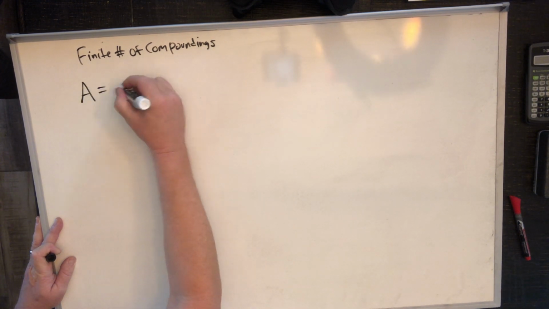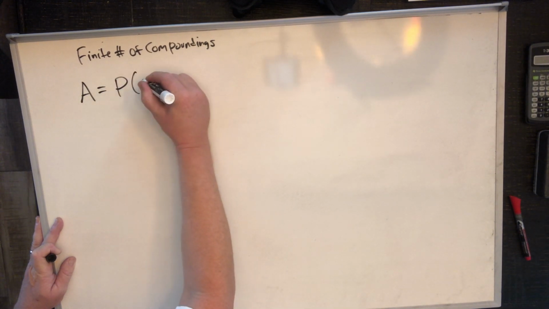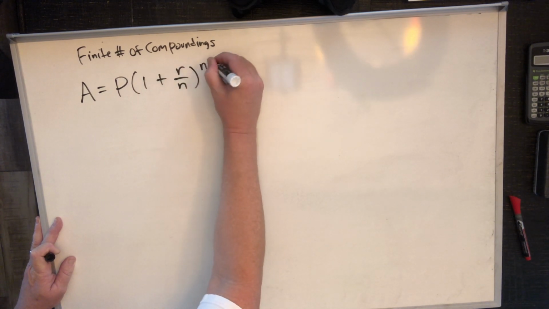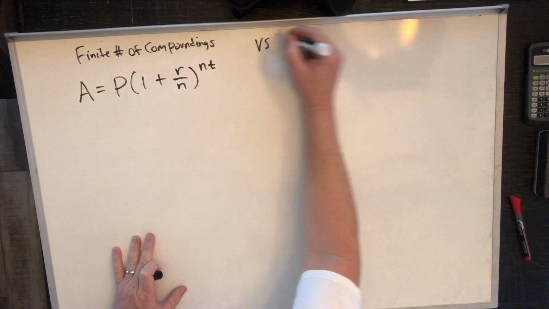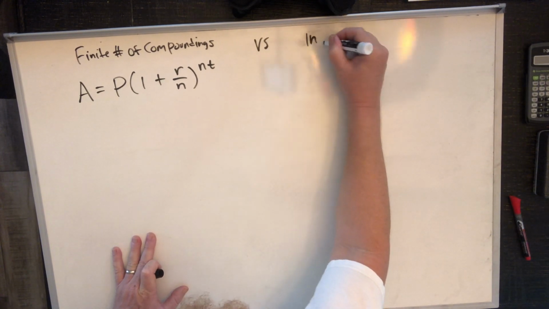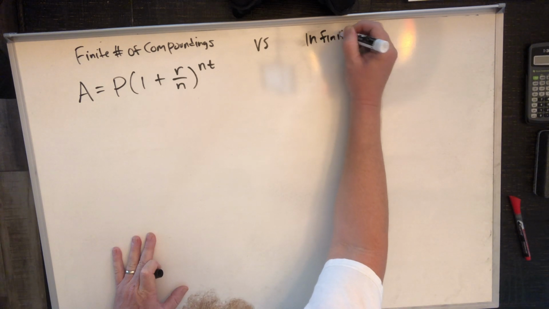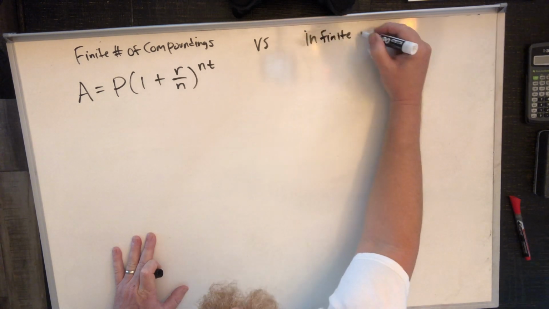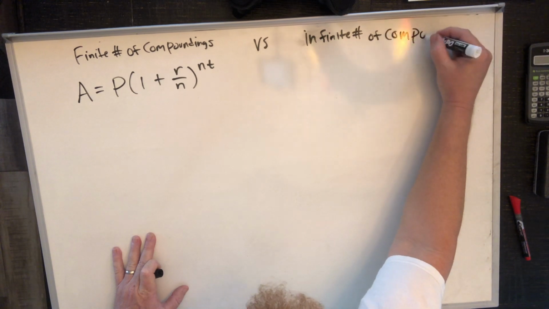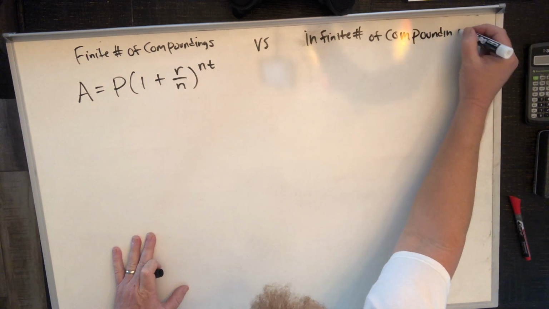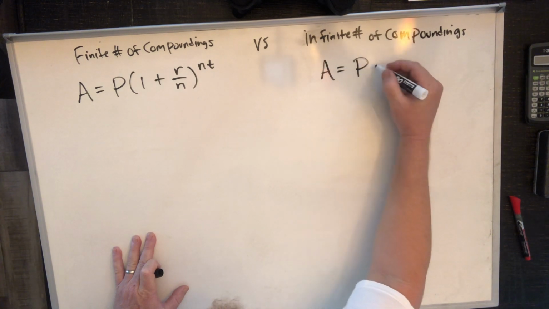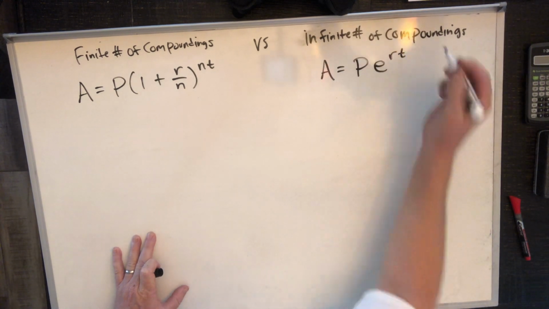That's A equals P times 1 plus r over n to the nt versus the compounded continuous, which is an infinite number of compoundings. That is compounded continuously, A equals PERT.